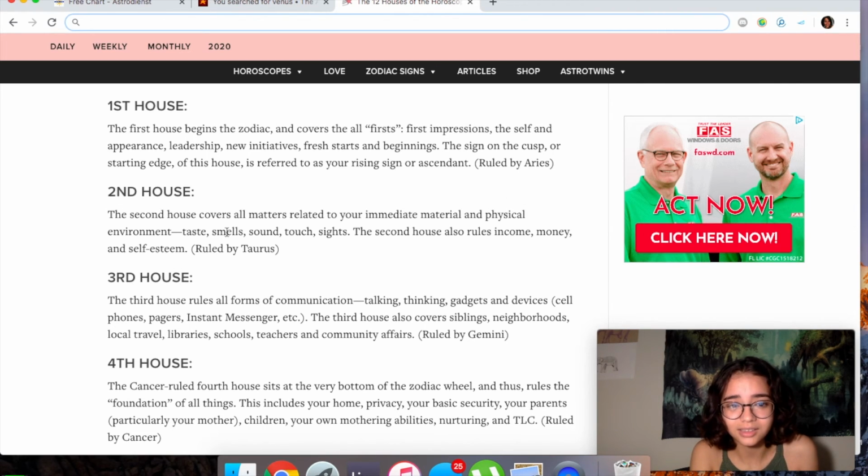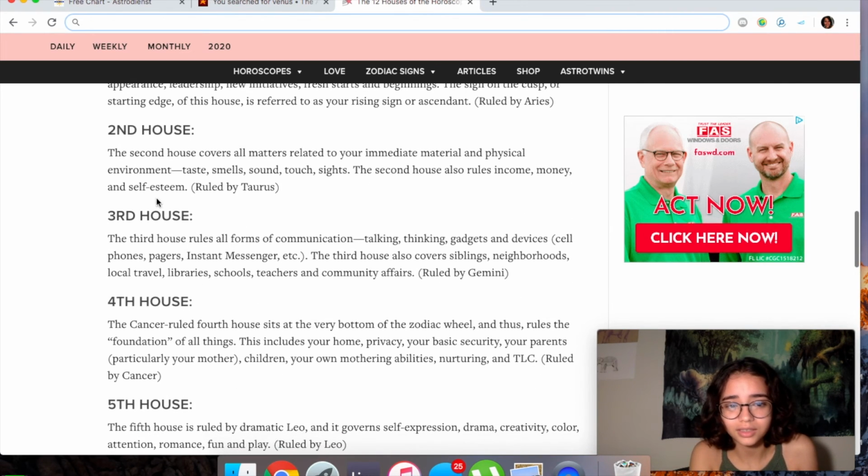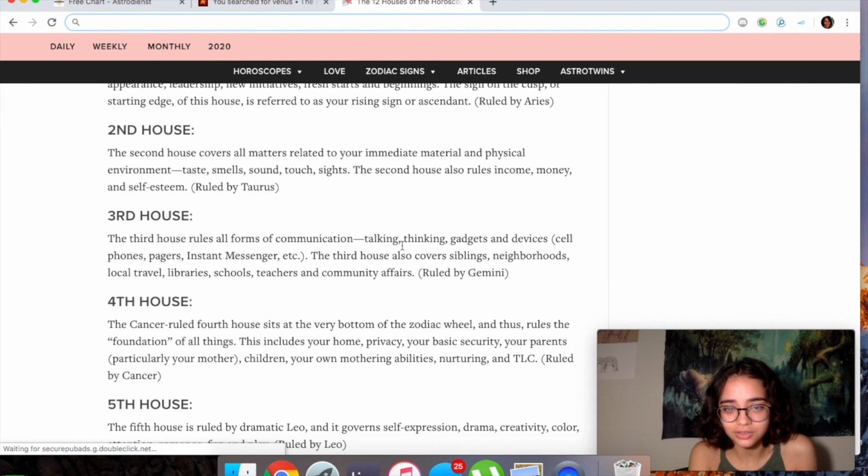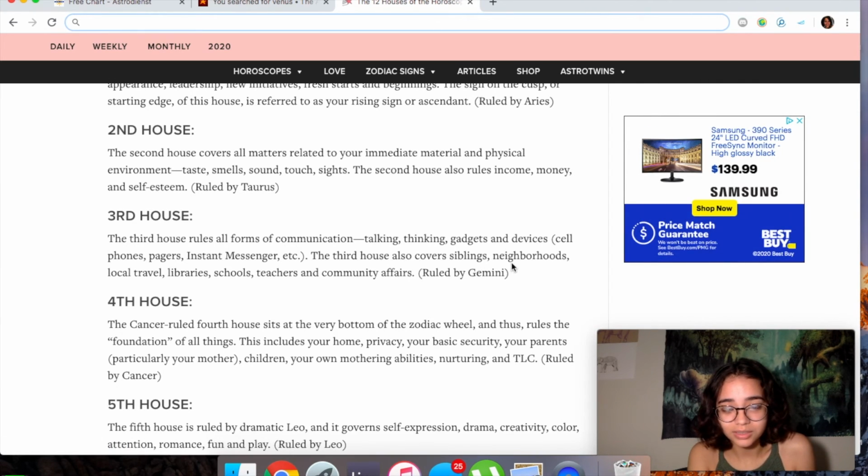The second sign is Taurus. The third sign is Gemini. That's why the third house has the energy of Gemini, the messenger. The third house rules all forms of communication, talking, thinking, gadget devices. It also covers siblings, neighborhoods, local travels, schools, teachers, and community affairs.